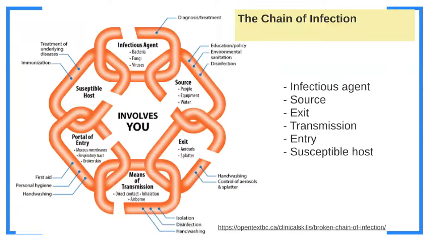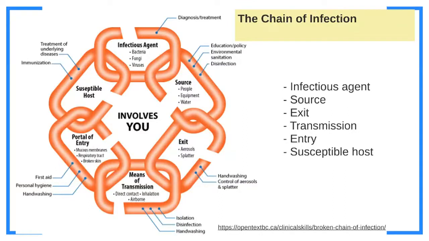Making sure that you cover your mouth when you sneeze, that's the exit. Blow your nose in a tissue. That's going to help. Washing your hands frequently, using hand sanitizer. The means of transmission, this is isolation. We incorrectly call it quarantining, but when we are identified as being COVID positive, we need to isolate and practice staying away from individuals so you're not providing a means of transmission to another individual.